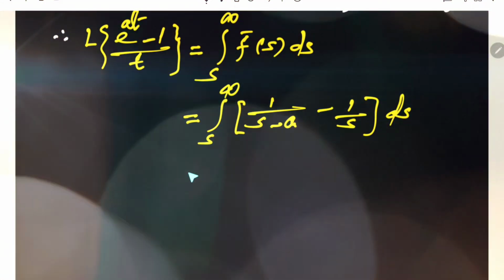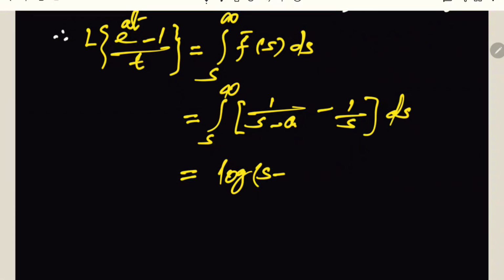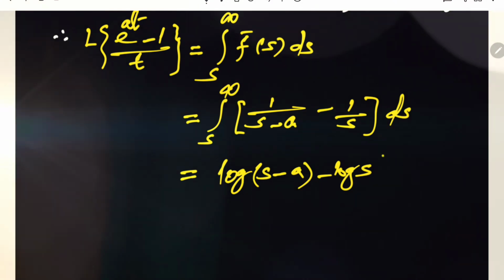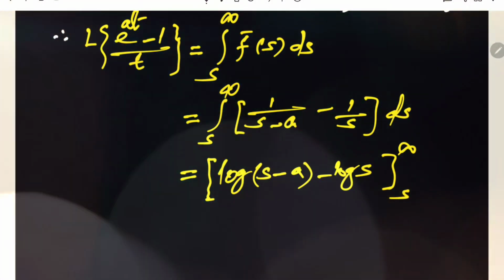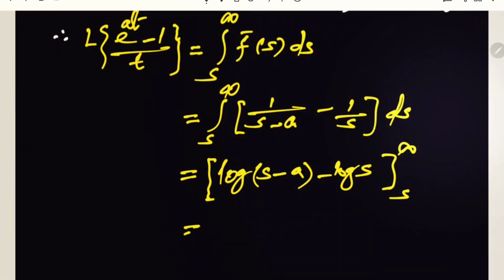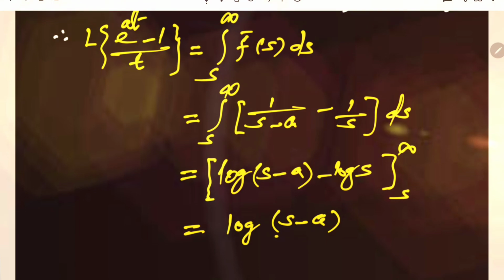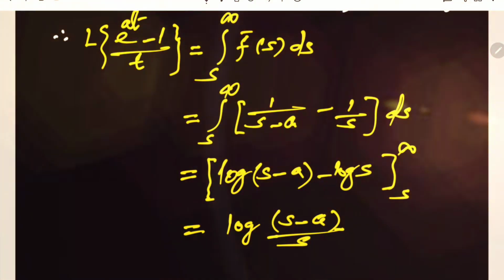Using the standard result of integration, the integral of 1 by x is log x, so it is log of s minus a minus log of s, with limits from s to infinity. Then by the property of log, log a minus log b is log a by b, so it becomes log of s minus a divided by s, limits from s to infinity.